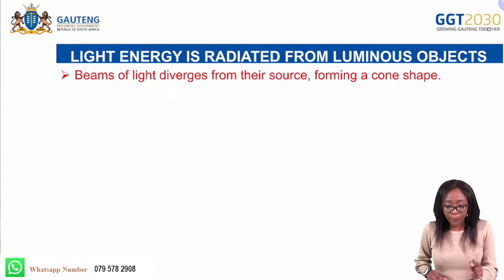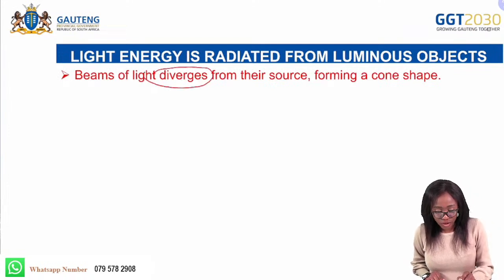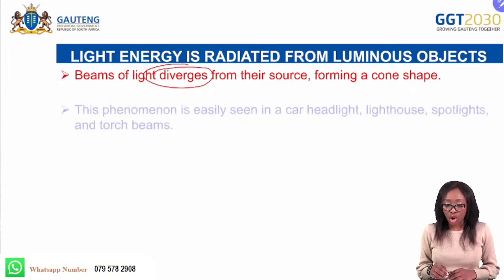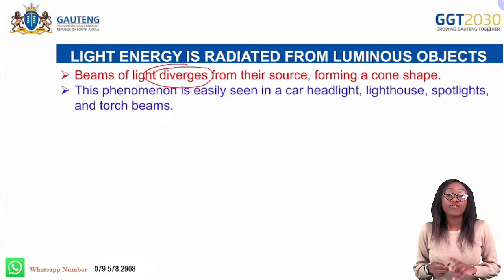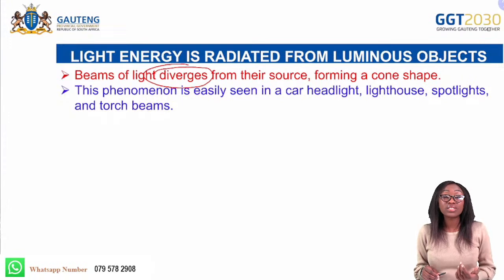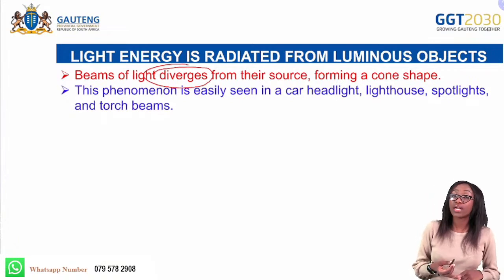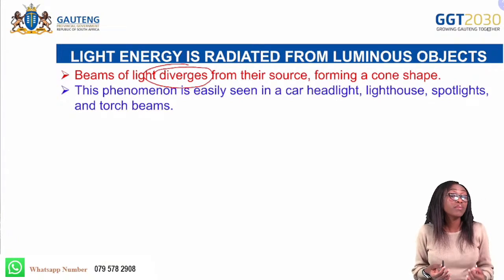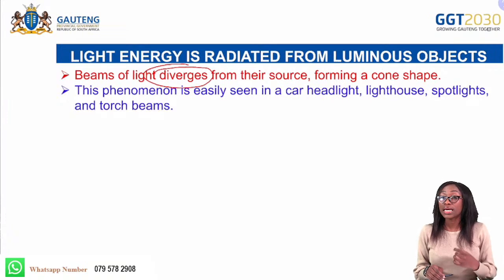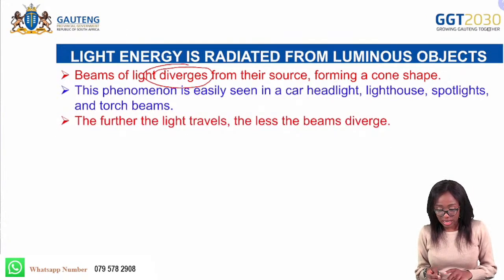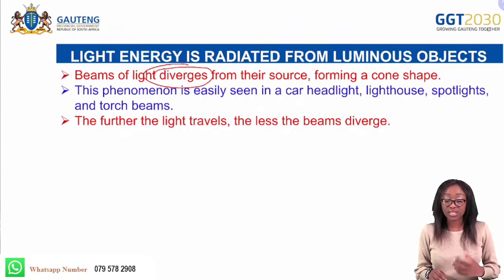So now, beams of light diverge from their source, forming what is called a cone shape. This phenomenon can easily be seen from the headlights of a car or lighthouse or spotlights or torch beams, if you remember the pictures that I had in the previous slide. So the further the light is, the less the beams diverge.